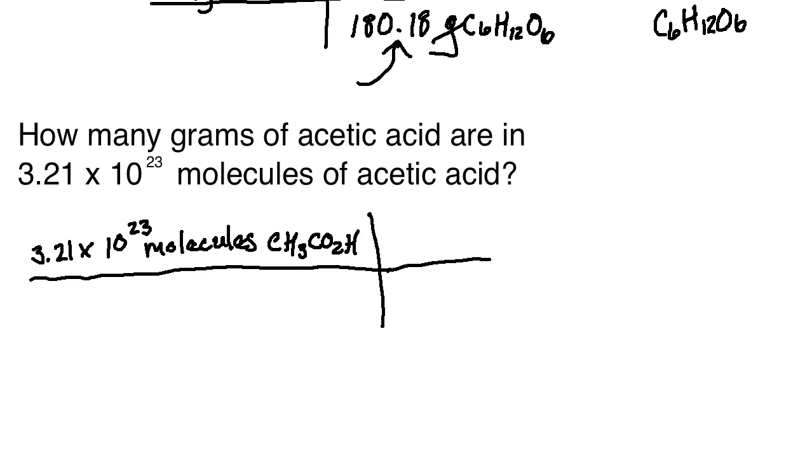All right, so now you cannot jump directly into grams from molecules. You're going to need to go to mole, because mole is the intermediate unit that basically will allow you to jump to anything else.